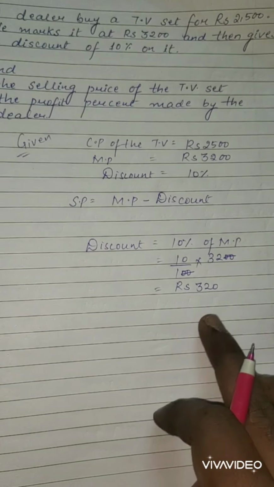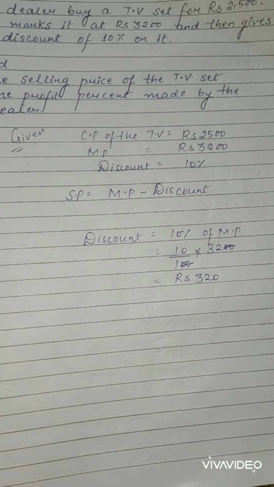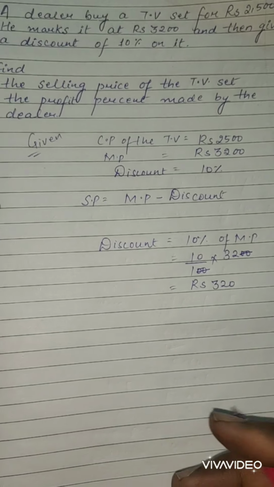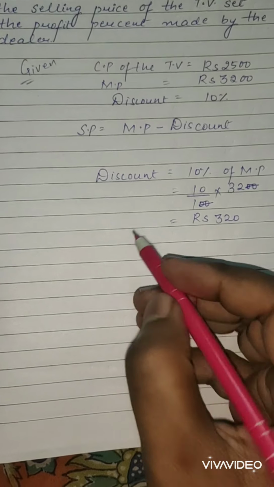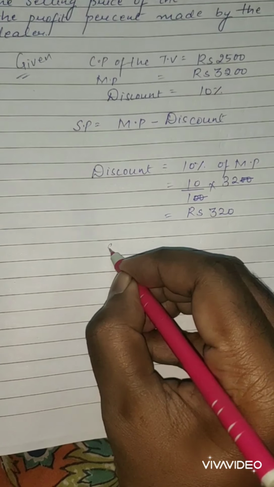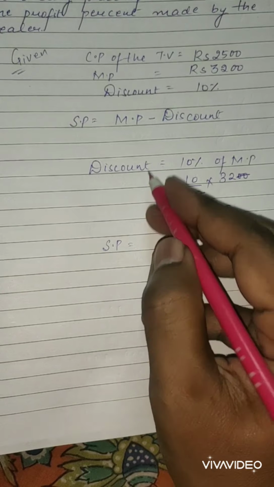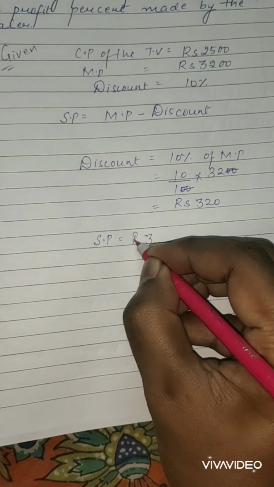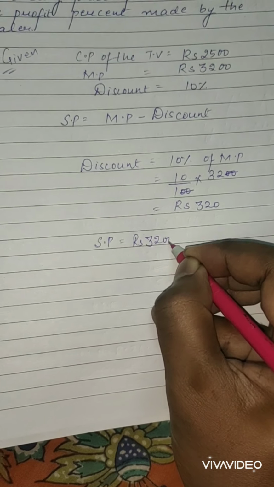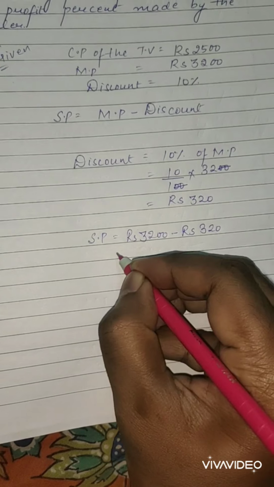Now we have got the discount. Now we will keep the values in the formula. So selling price will be mark price, that is rupees 3200 minus rupees 320.